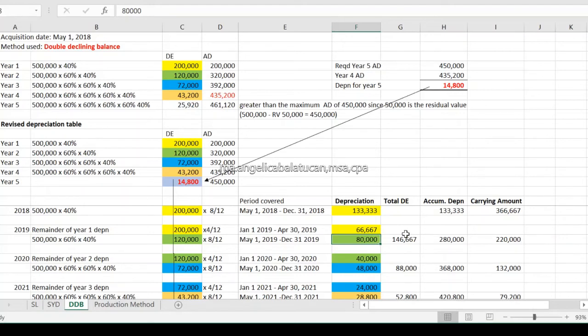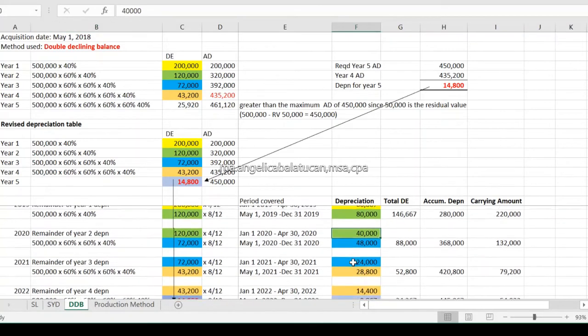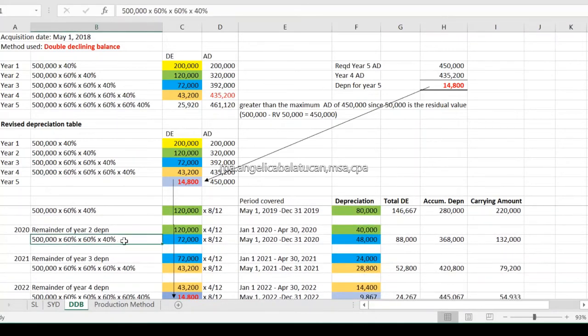Then the remainder of the year 2 depreciation, now 120,000, is 40,000. Now for the year 3, that's 72,000 times 8 over 12 again. So that's 48,000. So total depreciation expense is 88,000. Then accumulated depreciation is 368,000.